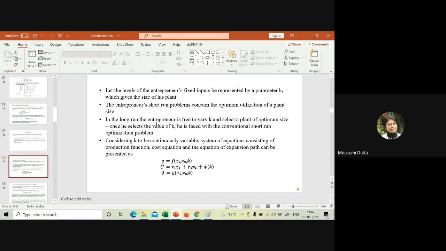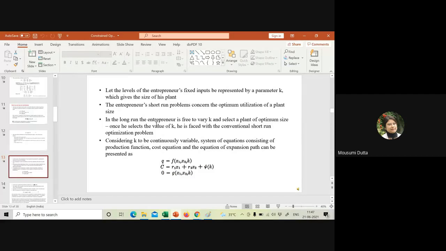Q is a function of x1, x2, k. Okay, I'm considering k to be continuously variable. So there are different possible plant sizes that we are considering. So in the output function, we are bringing k. So f of x1, x2, k.